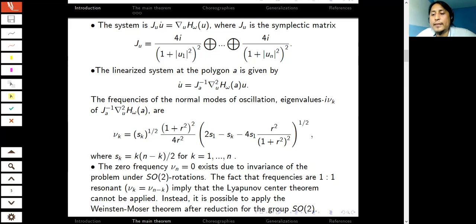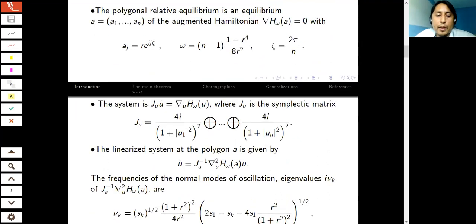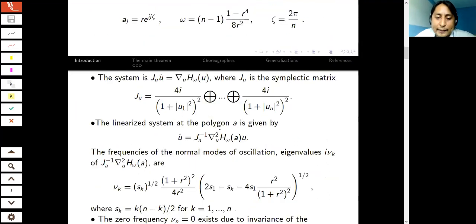Why? Because if this is an eigenvalue of this matrix, then this linearized system has periodic solutions with frequency nu k, and it has at least one two-dimensional invariant subspace where all the solutions are periodic with that frequency nu k.